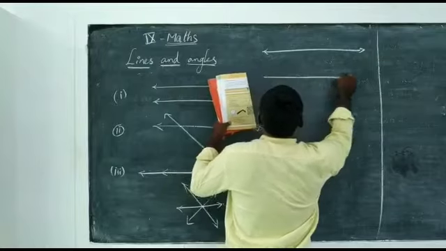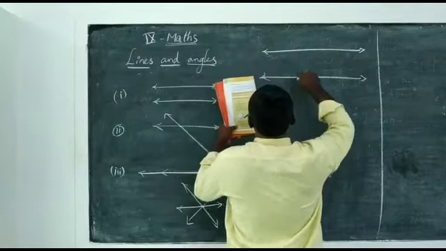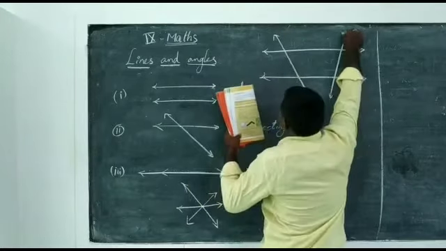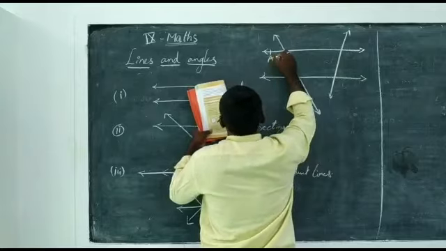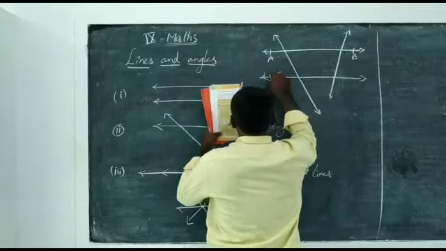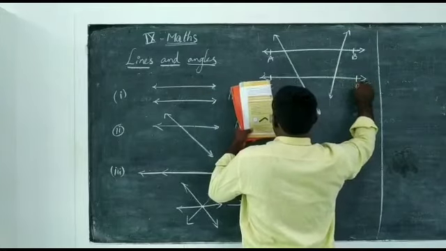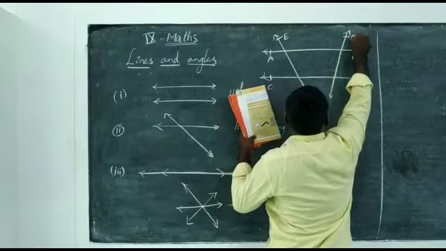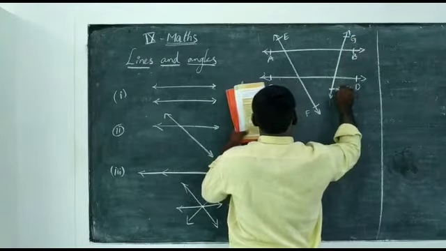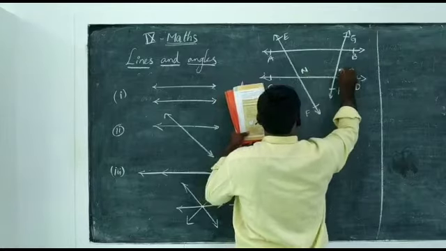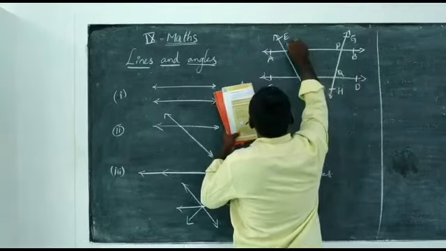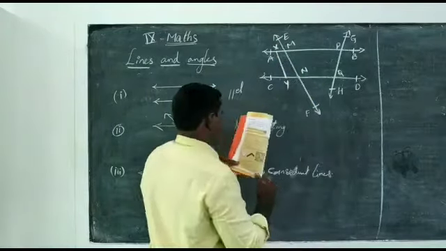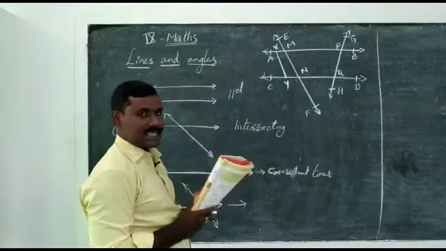Observe the figure on page number 74, exercise 4.1. This has A, B, C, D, E, F, G, H, and the intersection points N, Q, P, M, X and Y. In the given figure, name any 6 points.